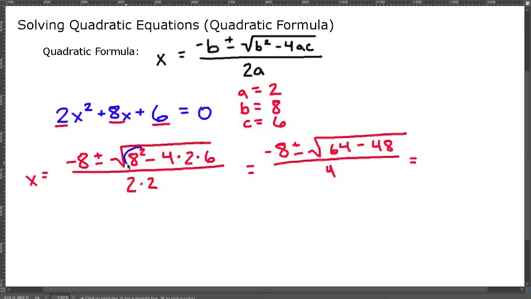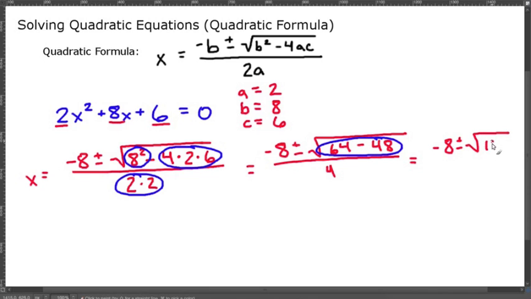So I just simplified the 8 squared and the 4 times 2 times 6 and the 2 times 2 in that first step. Now I'm going to simplify what's inside of this square root. So x is now equal to negative 8 plus or minus the square root of 64 minus 48 is 16, all over 4.